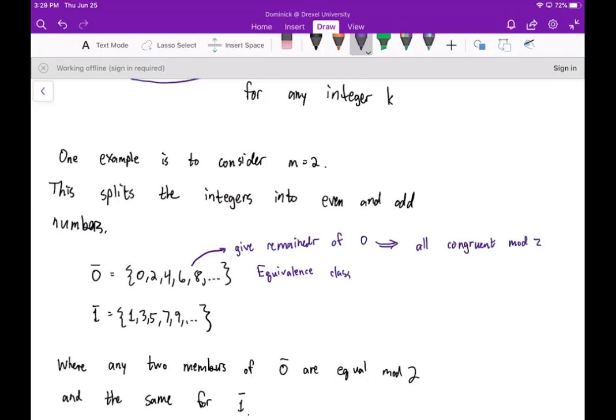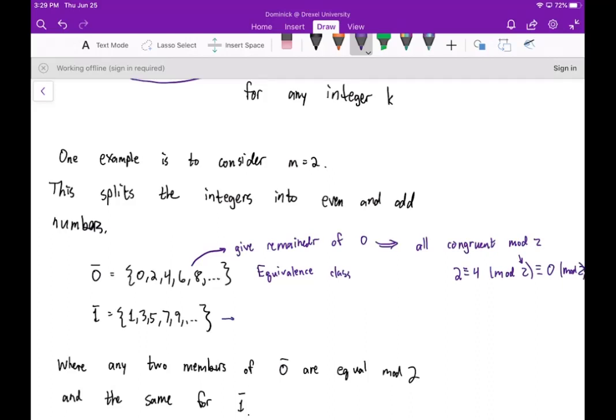So we could say something like 2 is congruent to 4 mod 2. But anytime we have a number here for the mod, we usually would say that this is 0 mod 2.